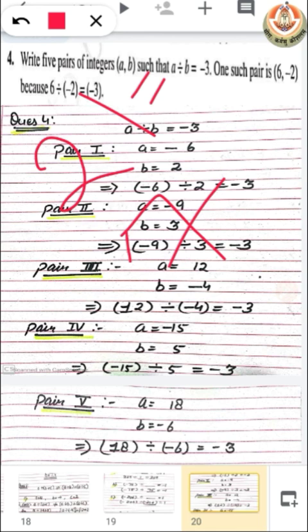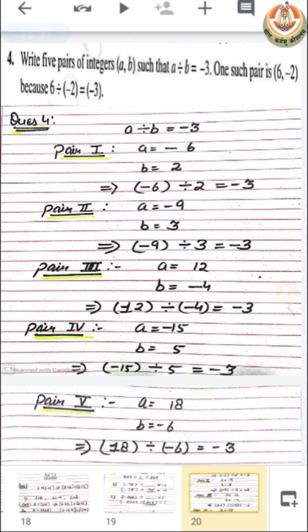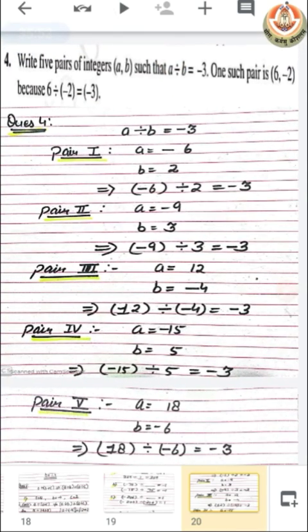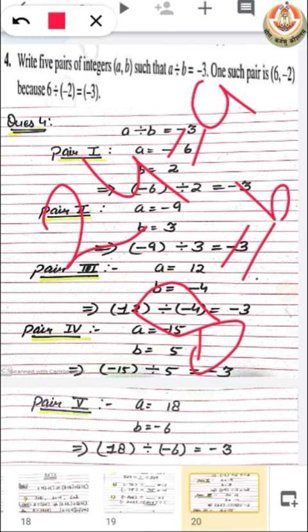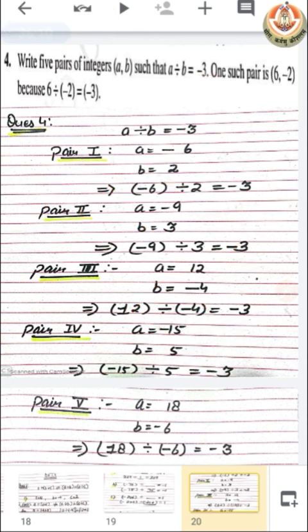So 21 should be A and 7 should be B, and for the negative sign we can put negative with any one of them. So let's put it with 21. Similarly for 8, the 3 times multiple of 8 is 24. So it's A and it's B, and for negative put negative with any one of them. So let's put it with 8. Okay class?